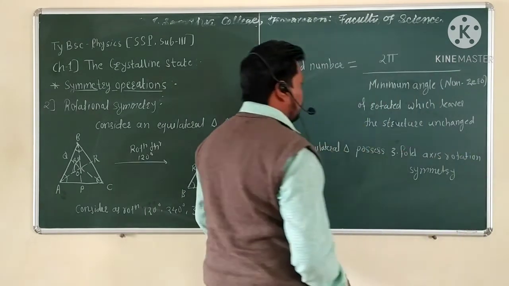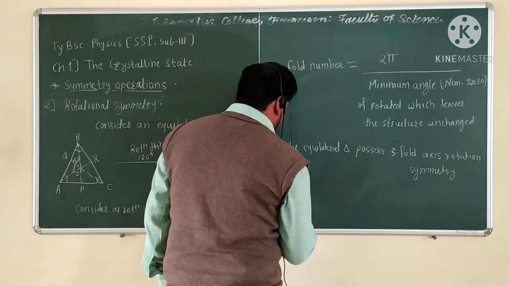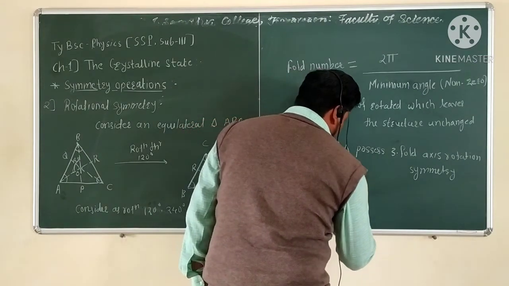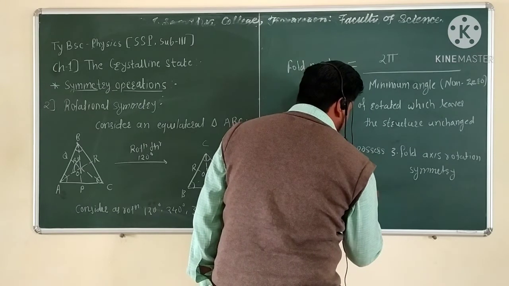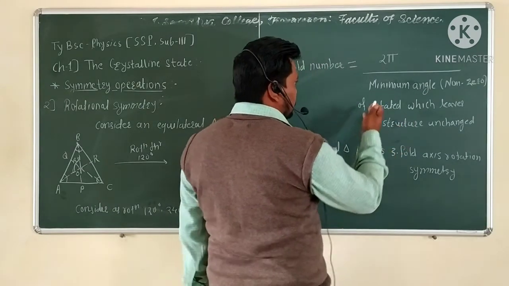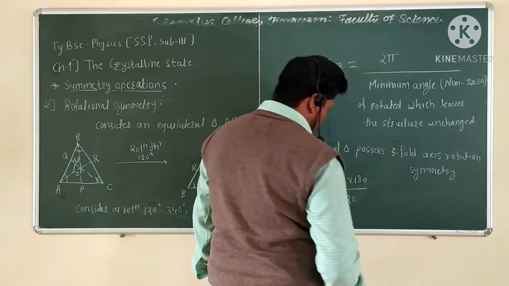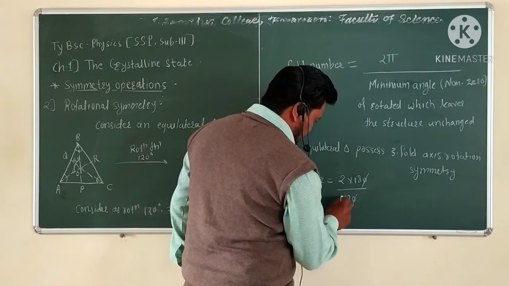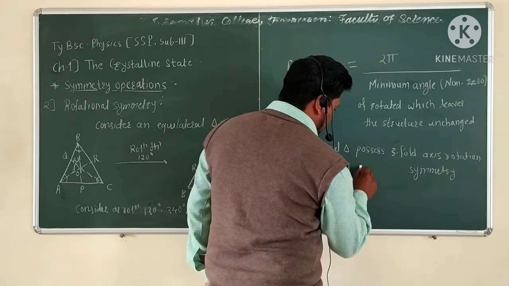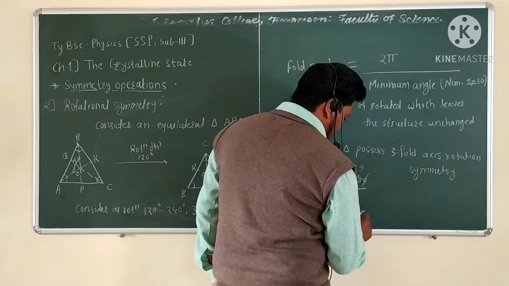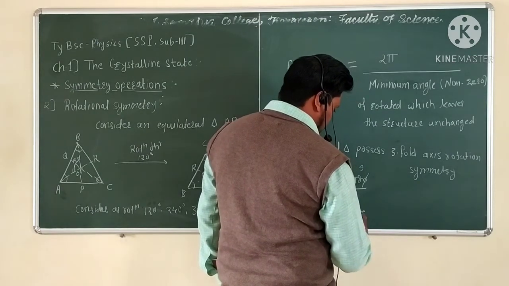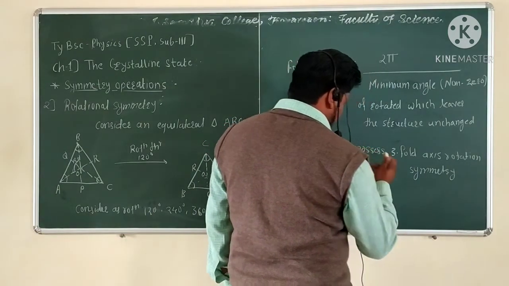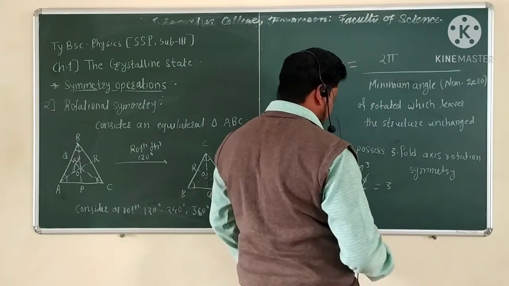Okay, so for example, the fold number is obtained by 2π, where π is 180, and the minimum angle rotated is 120 degrees, so that 0 gets cancelled. Dividing by this, 2 sixes are 12, 2 nines are 18, 2 threes are 6, 3 threes are 9, so the answer is 3.